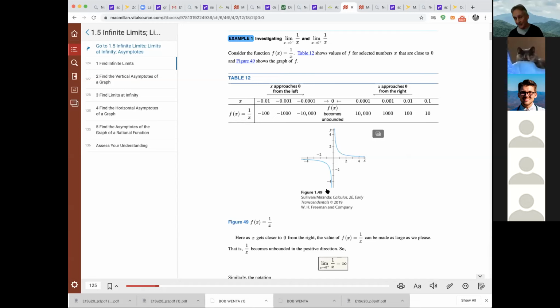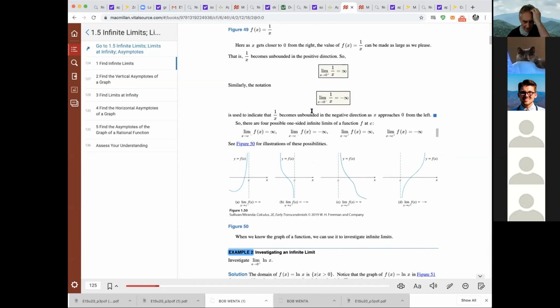Saying it does not exist because it's going to infinity is also probably an acceptable way to approach things. But downstream, if they're both going to positive infinity, then positive infinity could be a more explicit, clearer answer than just saying it does not exist, okay? So we can talk about that another time.